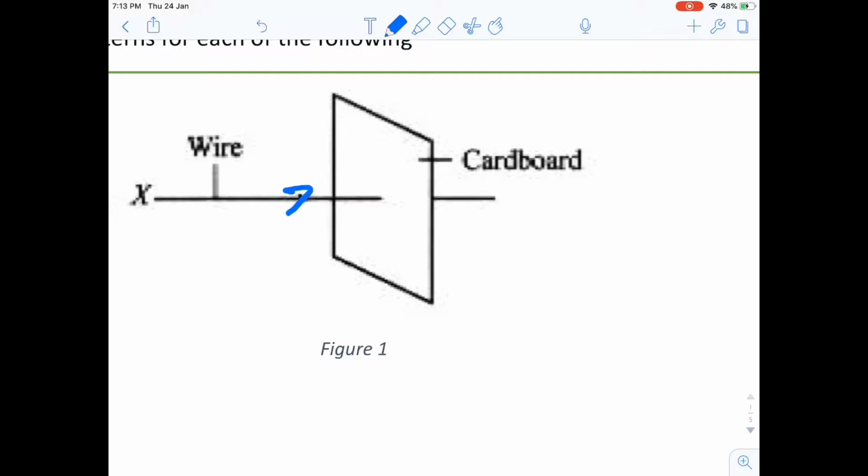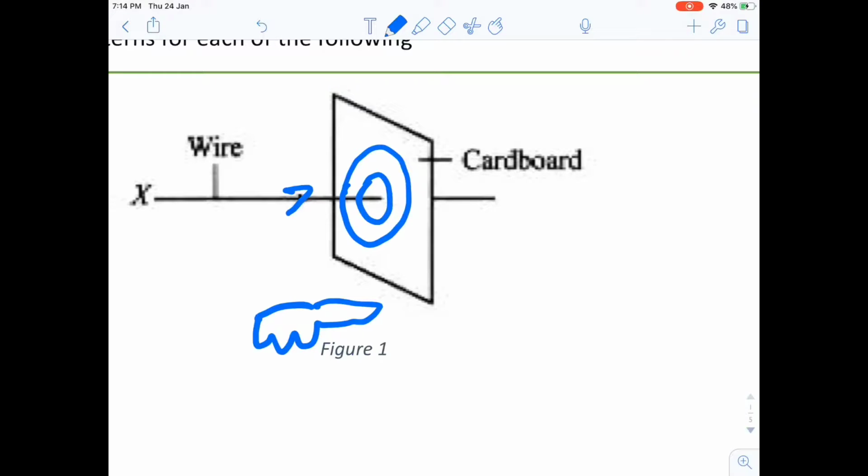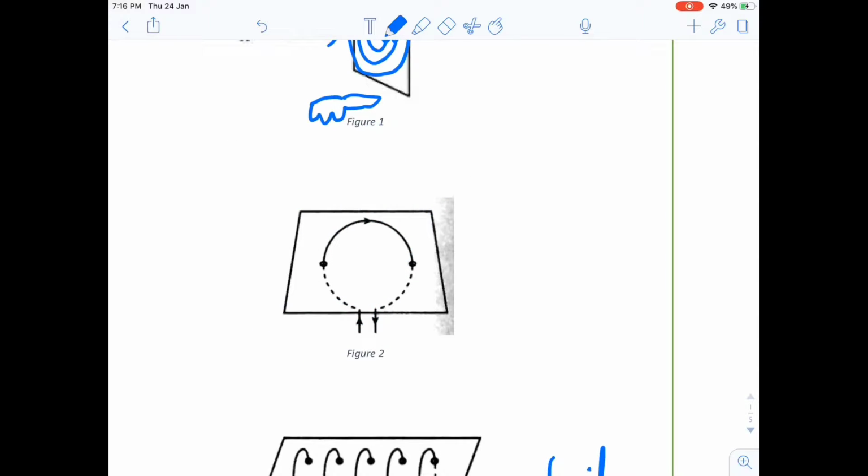It's pointing here. So using your right hand rule, your thumb would be pointing on the right hand side. Four fingers curl, right hand, it only works on your right hand, not your left hand. So if you do it correctly, you'll notice that it goes like this. Easy.